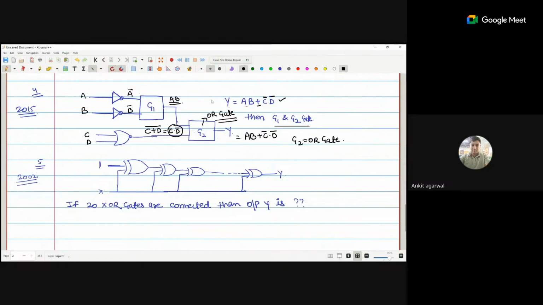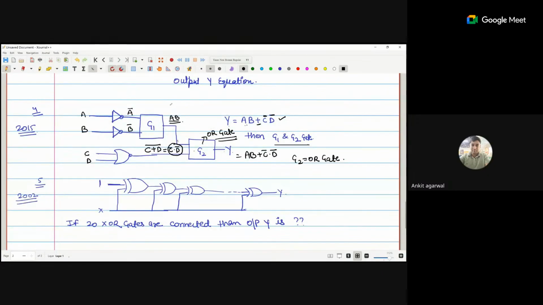Now for G1. A bar and B bar should give me AB. So I just apply all the gates. A bar plus B bar, if I use the OR gate, I am getting AB bar. We required AB. If I use the AND gate, A bar dot B bar is A plus B bar. We required AB, so that is not possible.